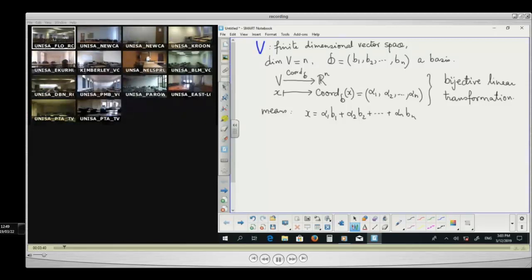And furthermore, it means to say that coordinate preserves addition and scalar multiplication. Okay? So it preserves addition and scalar multiplication.